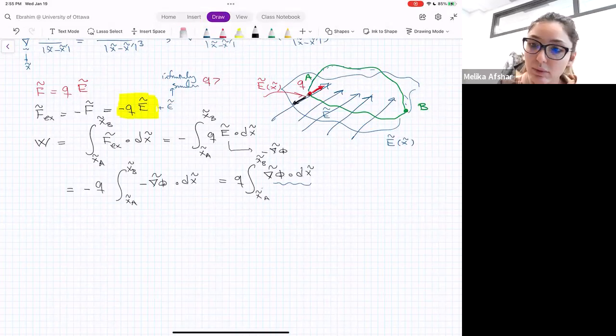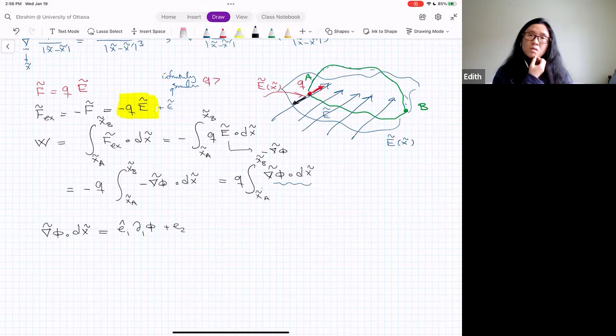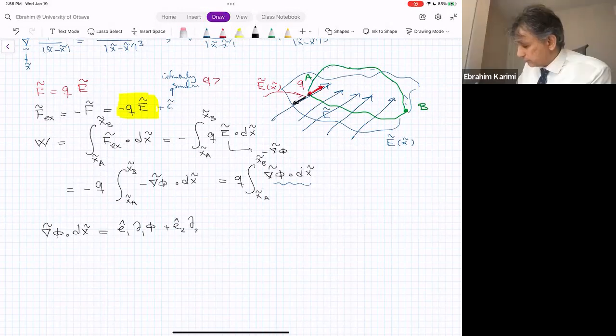So what is the gradient of phi dot dx? Let's do it with Edith together, okay? What is the gradient of phi? It will be E1, derivative with respect to 1 of phi, plus E2, derivative with respect to 2 of phi, plus E3, derivative with respect to 3 of phi, right?